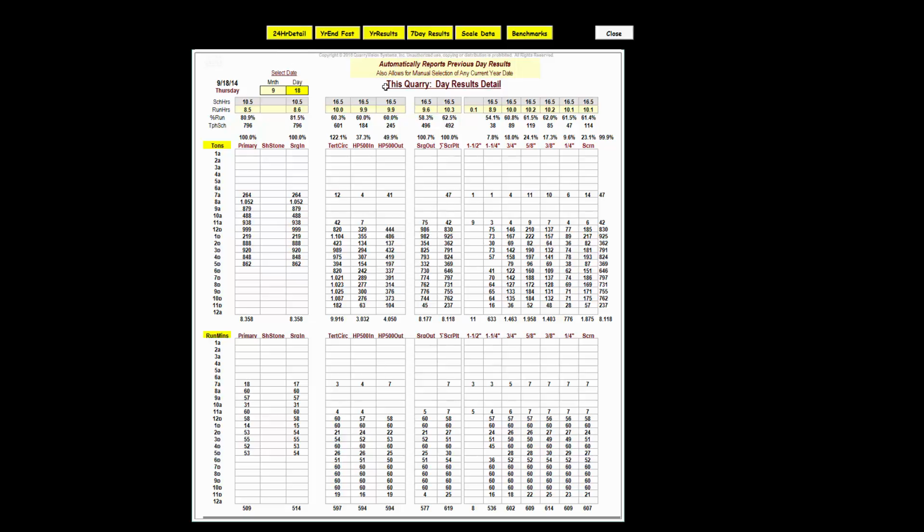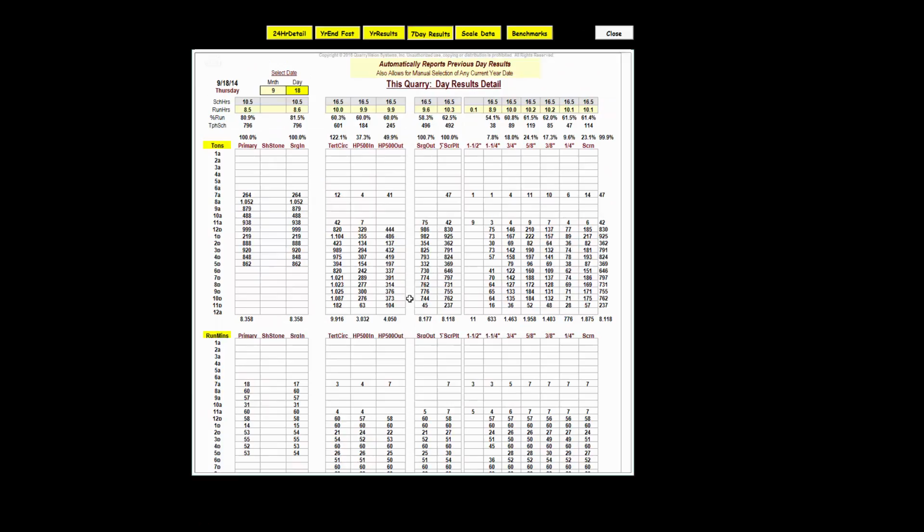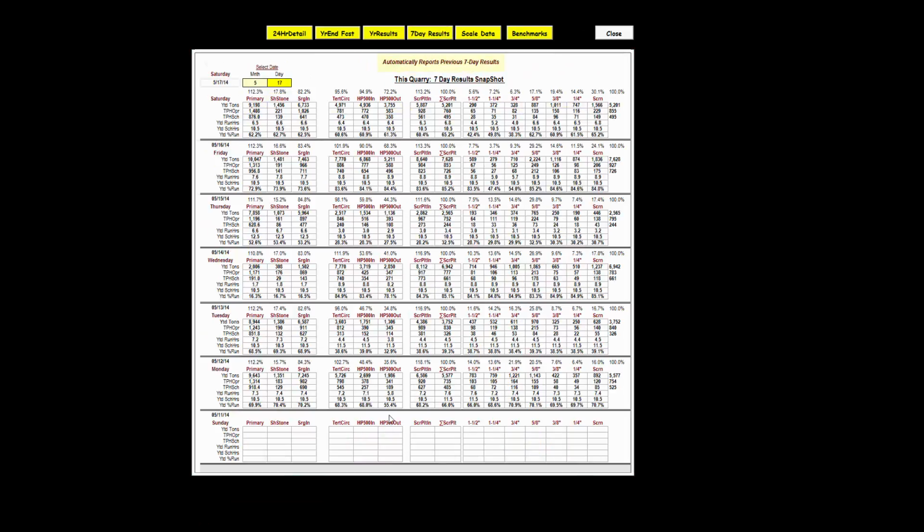This is a 24-hour report, automatically emailed before the beginning of the next day. There's a 7-day summary, so you've got a comparison of today's production or yesterday's production against previous performance. Individual scales data is shown, including the tons and the operating hours, all the critical statistics.